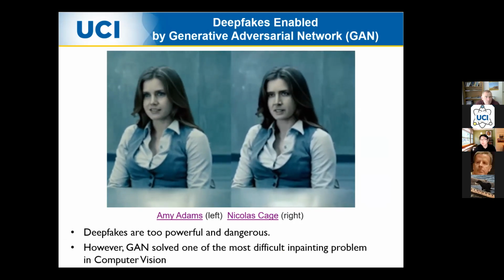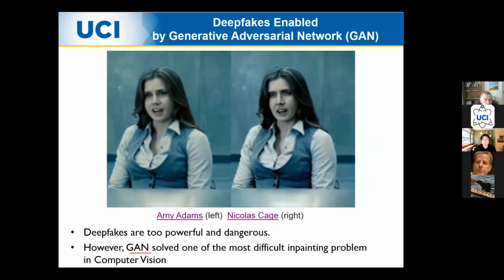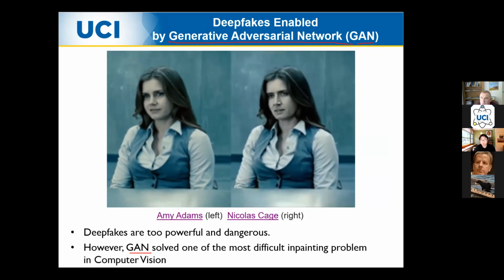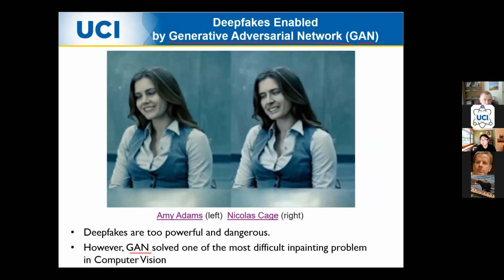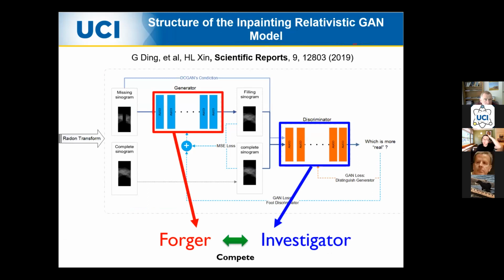However, just from a technology point of view, what enabled deepfake is called a generative adversarial network, which has solved one of the toughest in-painting problems in computer vision, right? So we're going to utilize that. We build a GAN network where you have a forger network and an investigator network. They compete with each other until it reaches Nash equilibrium.